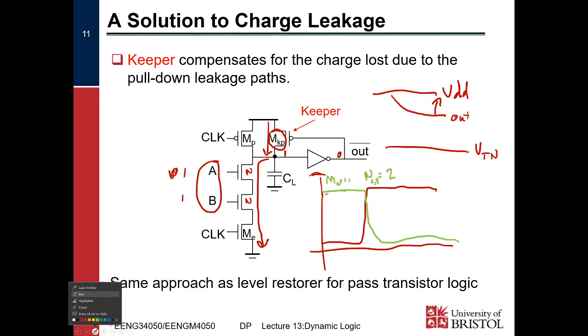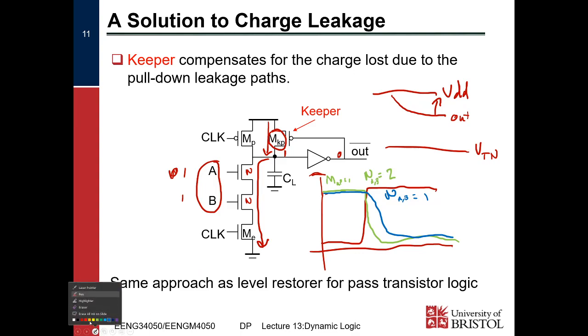Whereas if we have NA, NB equals 1, it goes down slower because it's harder for these two to overpower the keeper transistor.